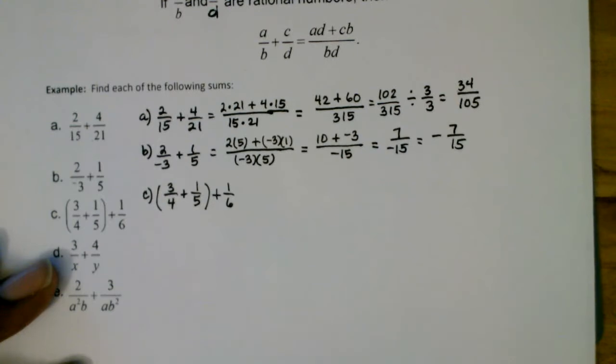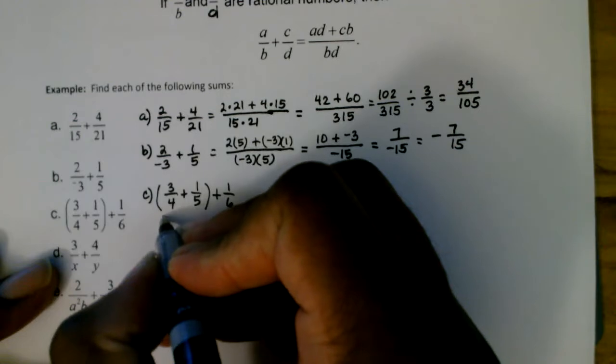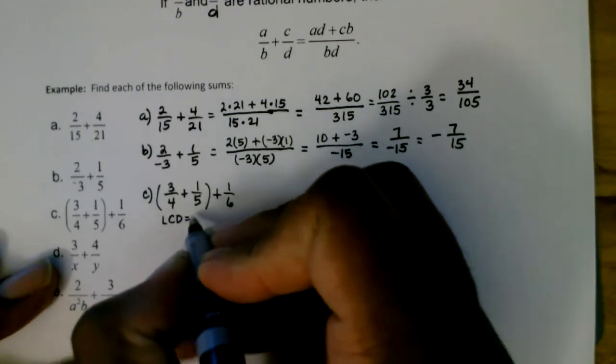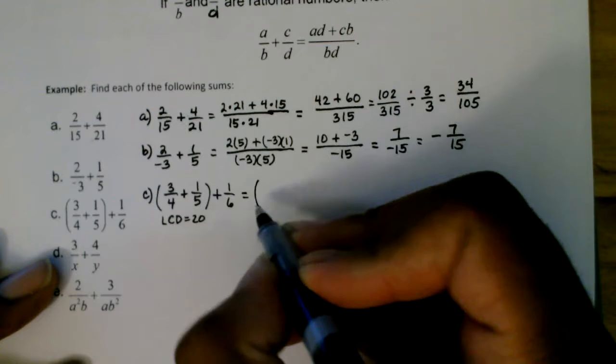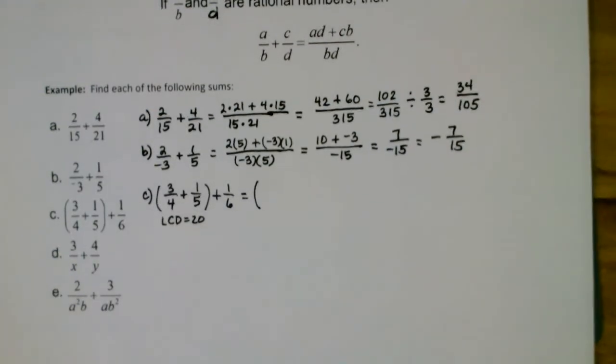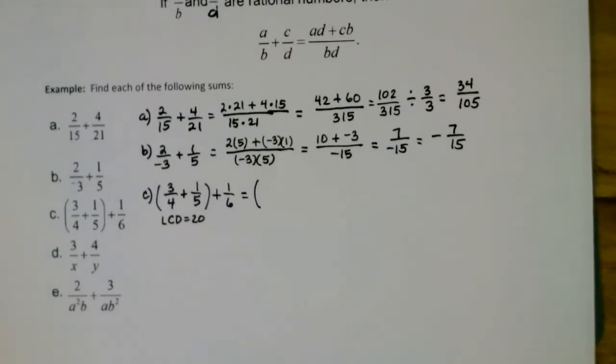I'm going to go ahead and get a least common denominator for 4 and 5, which will have to be 20. So the LCD of 4 and 5, that's going to be the smallest multiple that's divisible by 4 and by 5. That would have to be 20.